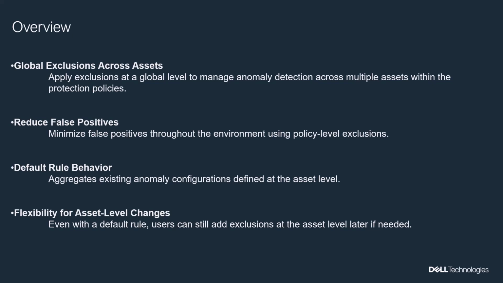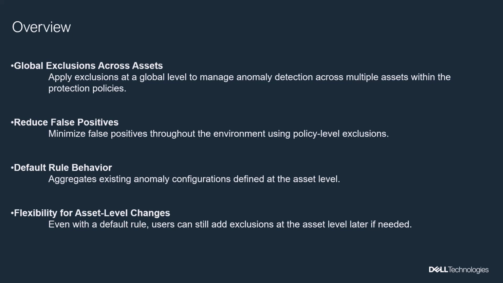Now let us take a step back to explain what happens in the background when the default anomaly detection rule is initiated or created. The anomaly detection rule will aggregate all unique patterns and system configs detected as anomalies and include them in a single rule. That creates a default anomaly detection global rule for us.